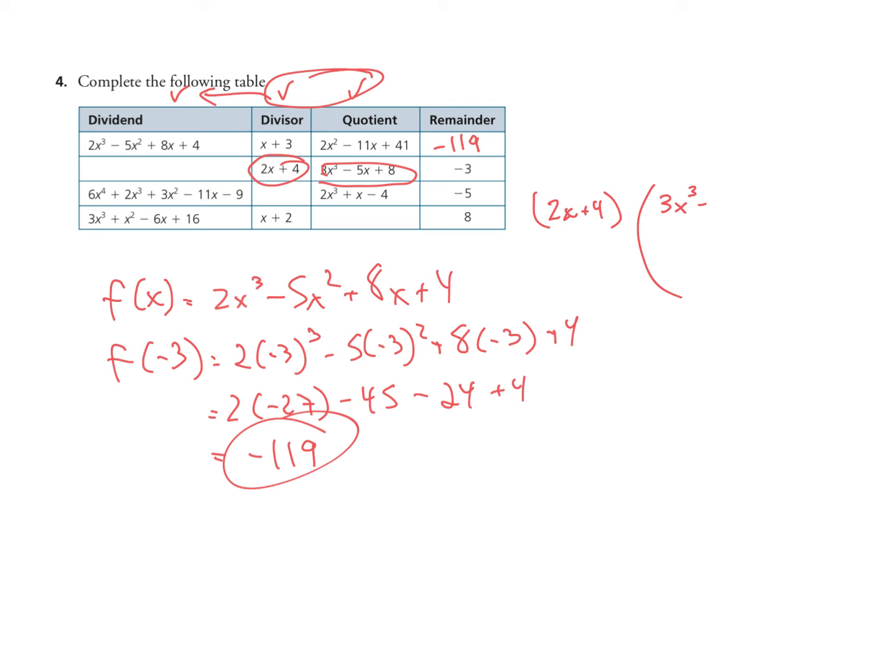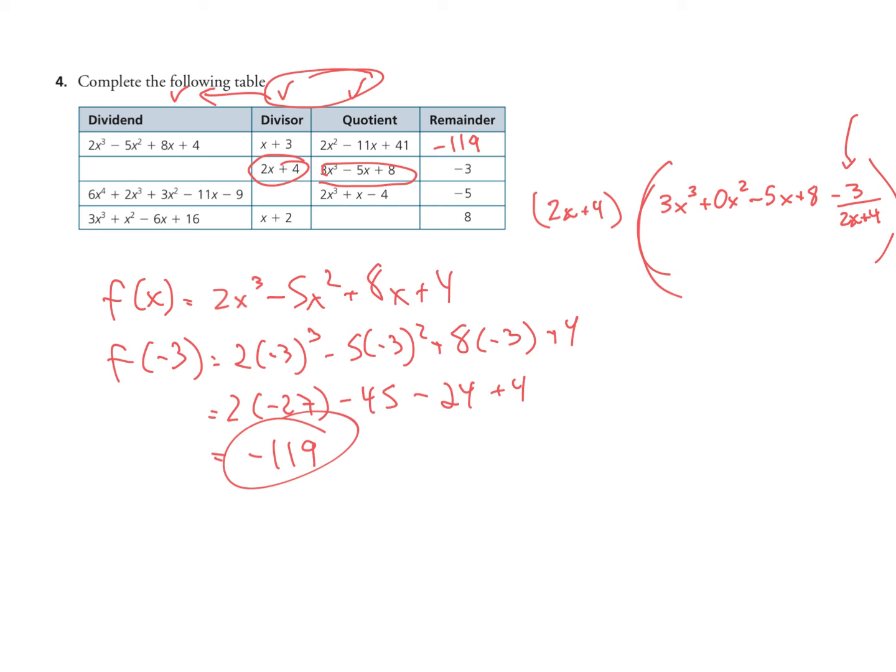So 3x cubed plus 0x squared minus 5x plus 8 minus 3 over 2x plus 4. Right? That would be the actual quotient if you were to divide the dividend by the divisor, because you got your remainder of negative 3.